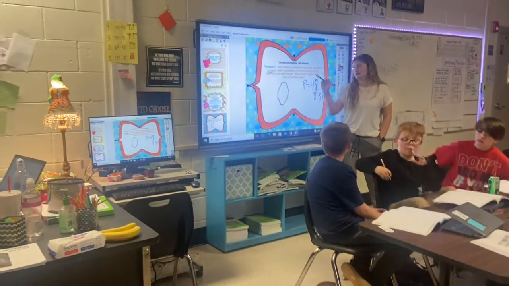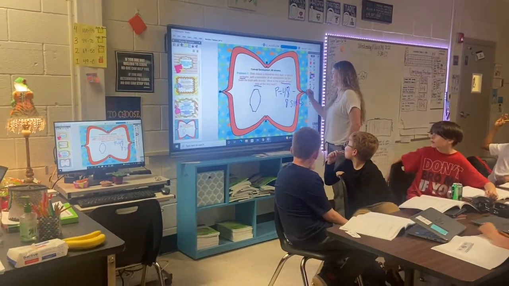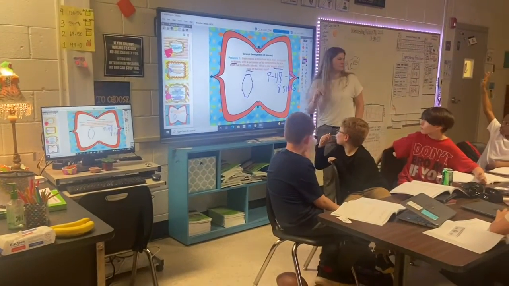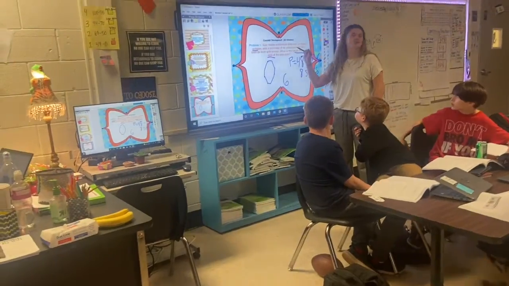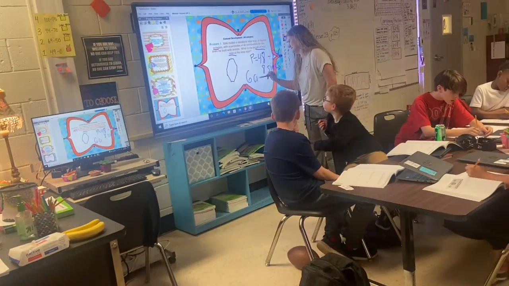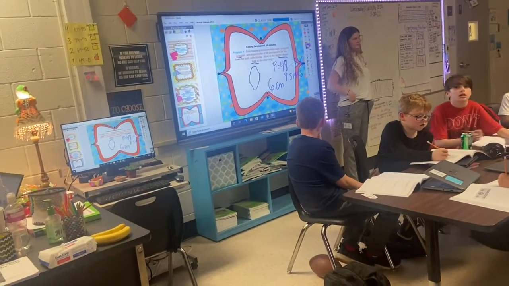Yeah, because we're trying to figure out the length of each side. So who can tell me what 48 divided by 8 is? 6. So that means the length of each side is 6 centimeters. Everybody got it down? Yeah.